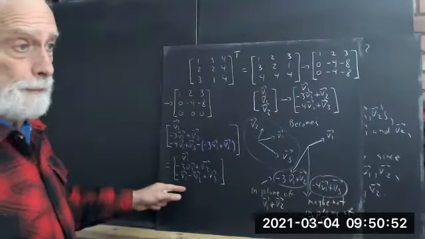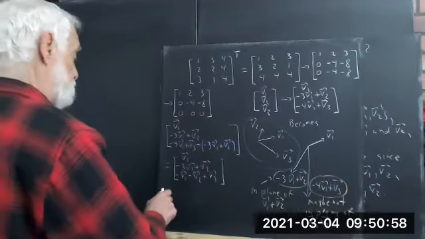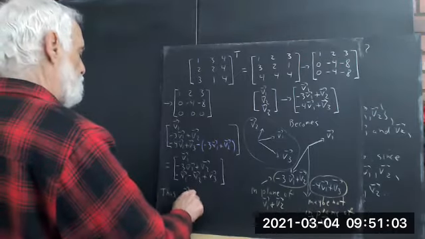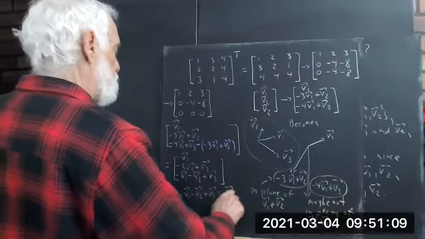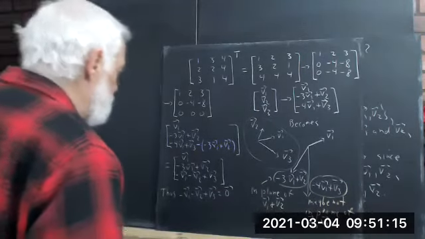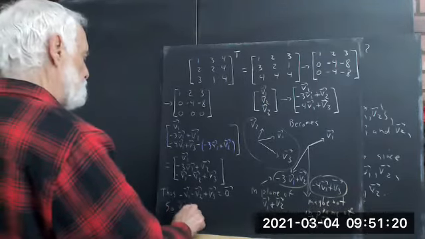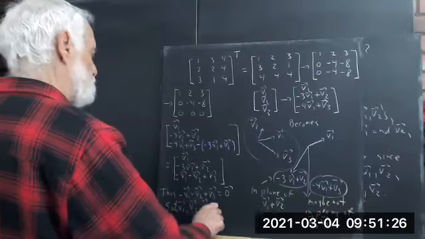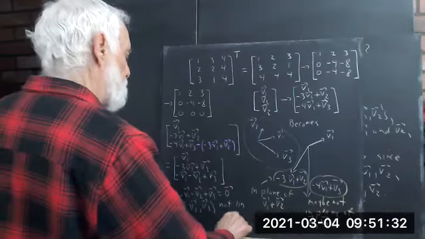We have this, and we see from this row of zeros that -V1 minus V2 plus V3 is the 0 vector. So this set is not linearly independent.